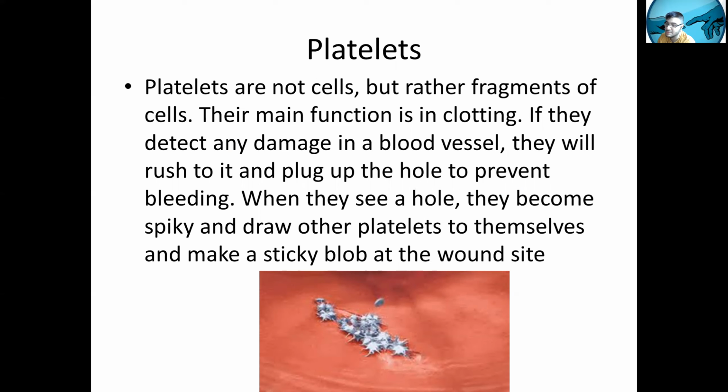When they see a hole, they change in conformation and become spiky, which helps them stick to the hole and to each other a lot more, and essentially it becomes a big plug at the wound site, which will stop the bleeding, or close to instantly. Over time the vessel itself will heal and regenerate, and the platelets are no longer needed.